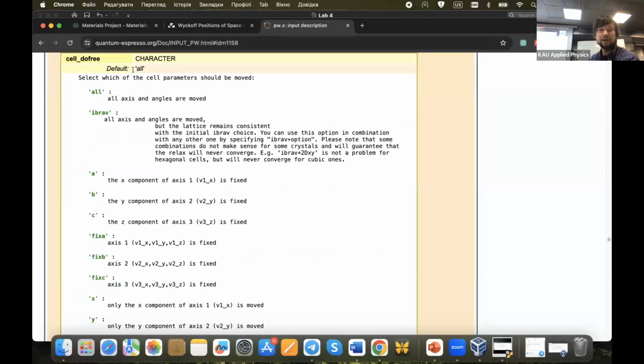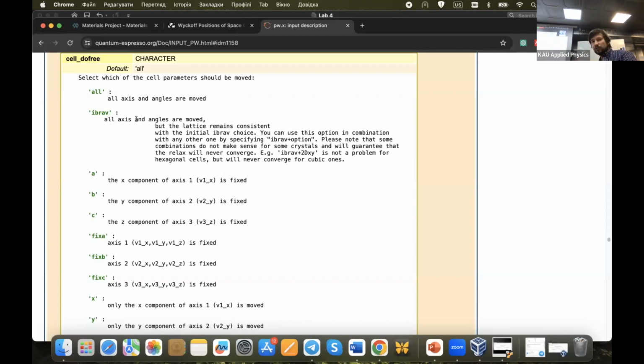For example, I can allow all axes and angles to change, and it's the hardest way of relaxation. So if I think that my structure is rather creepy, I can allow axes and angles to move, and if I'm lucky, I can go to a better structure. I can use ibrav, and ibrav means that I also allow angles but the axes move while keeping the ibrav symmetry.